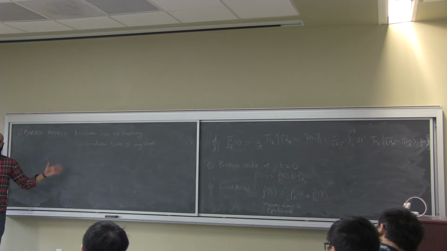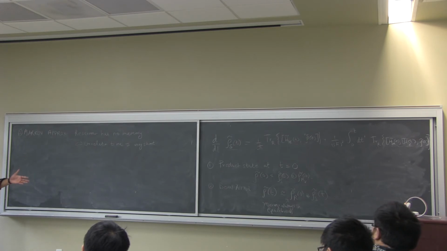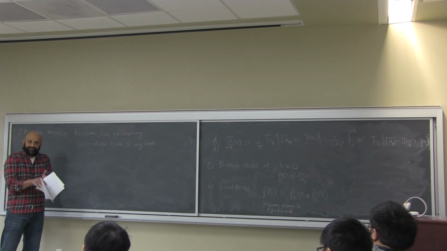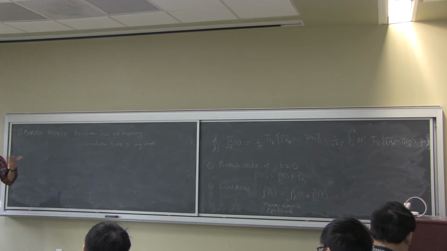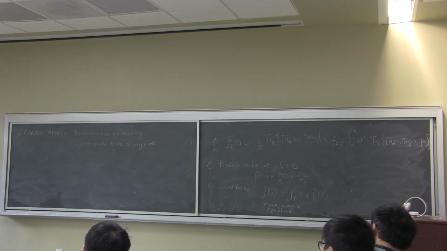The bandwidth of the reservoir is extremely large, and the coupling is small compared to that bandwidth. If the bandwidth is large, the correlation time is extremely short. There is a Fourier transform relationship between correlation time and bandwidth. Okay?